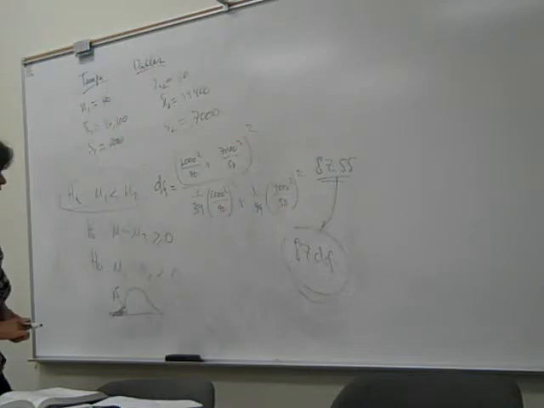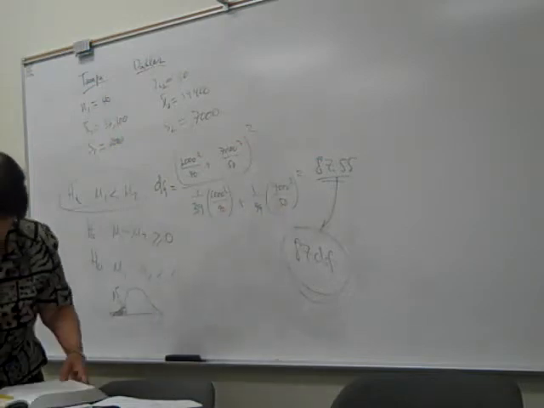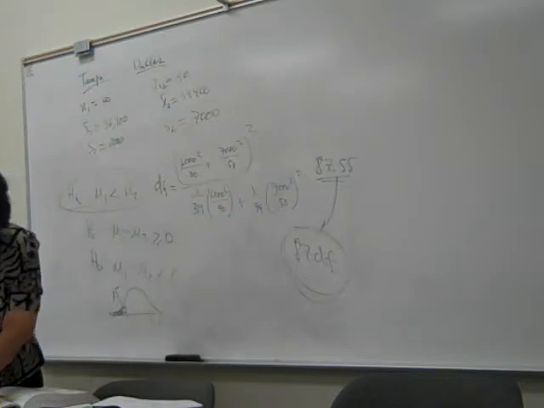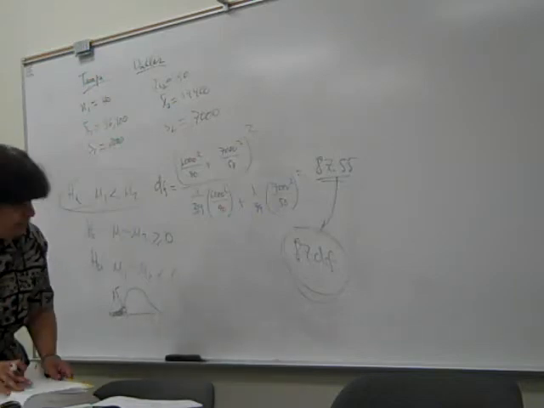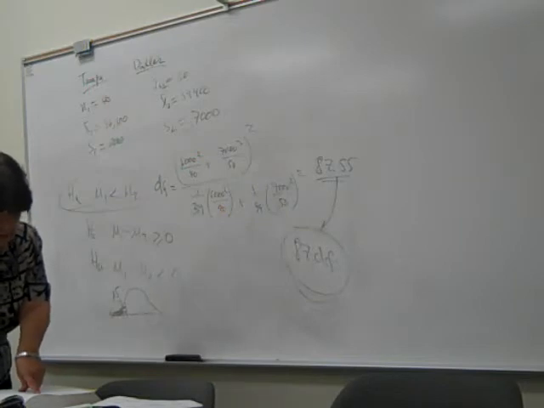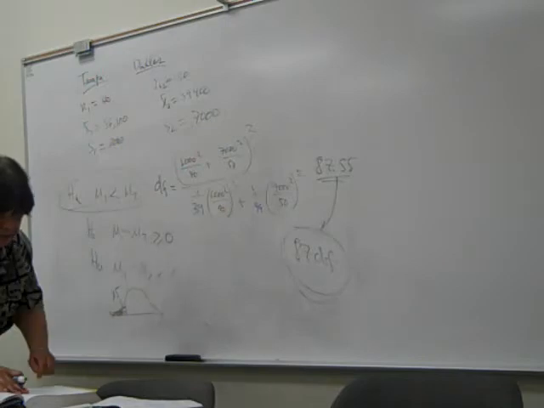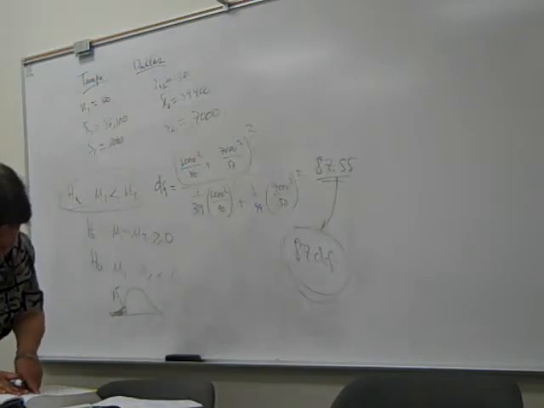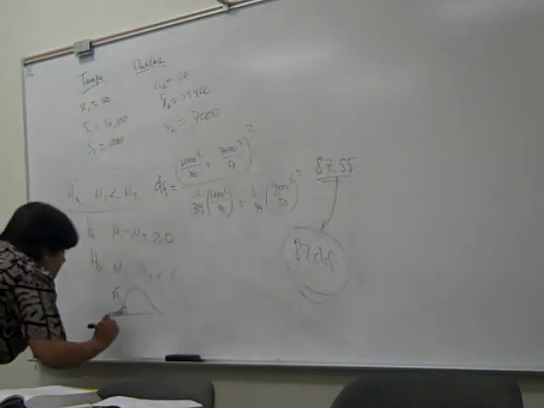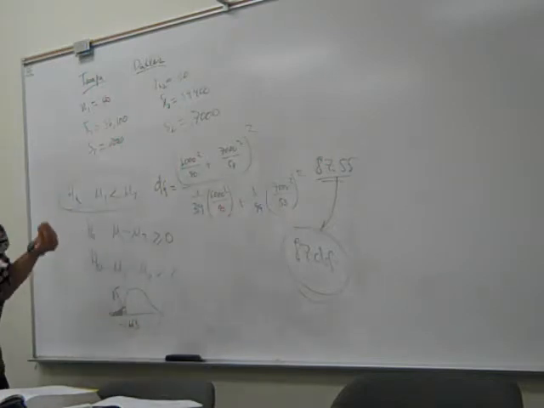So for the 87 degrees of freedom, we have to look for the critical value. And the critical value for alpha 0.05 and 87 degrees of freedom is negative 1.663. That's my critical value.